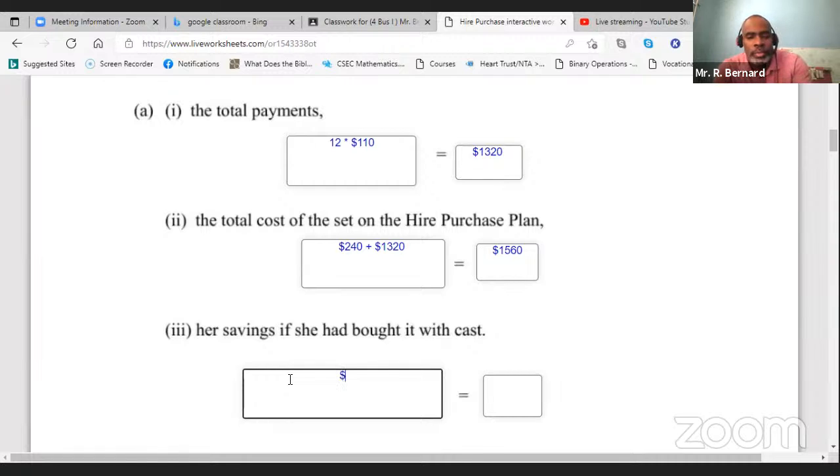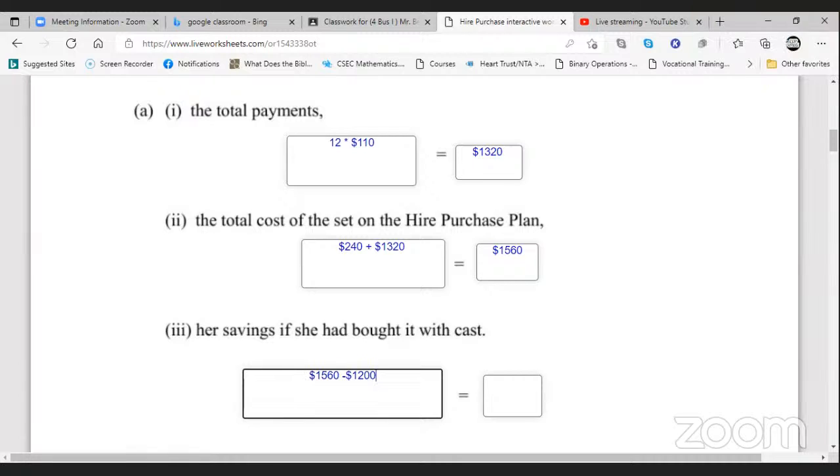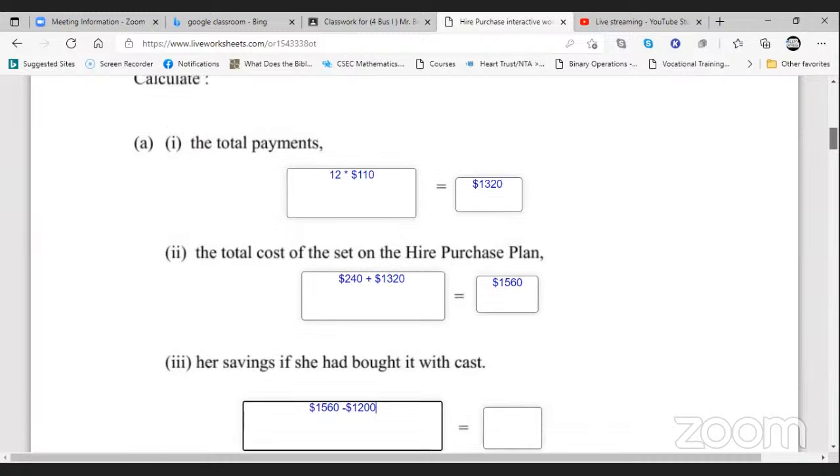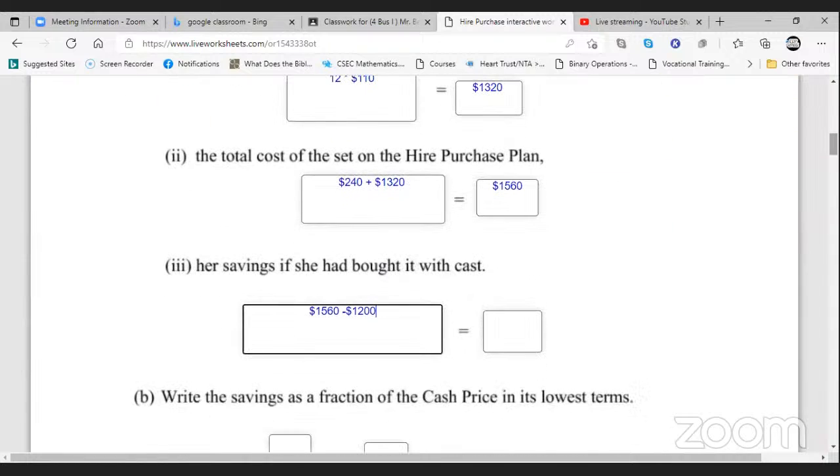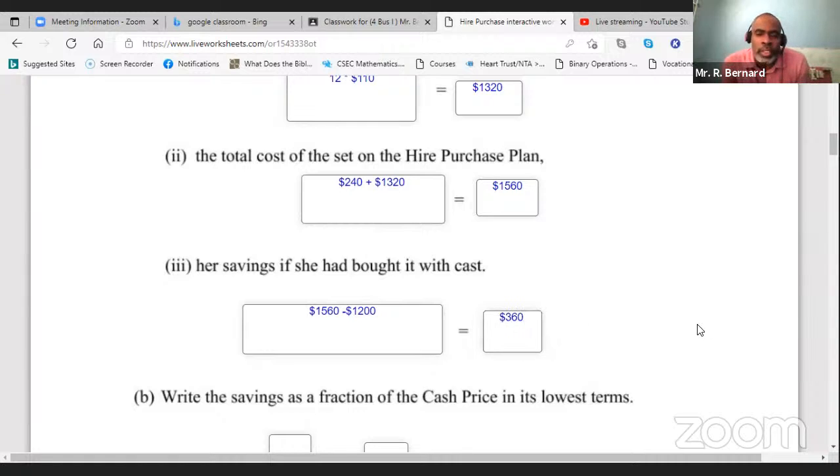You're correct. 1,560 minus what now? 1,200. And then how much would she have saved if she had bought it on cash? 360. Good. So she would have saved $360 if she had bought it at the cash price. All right.